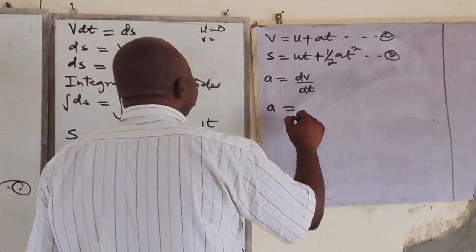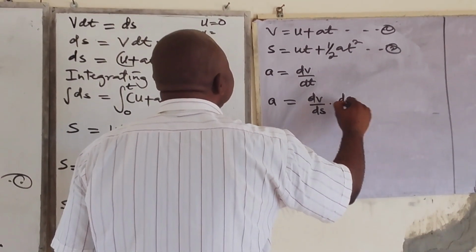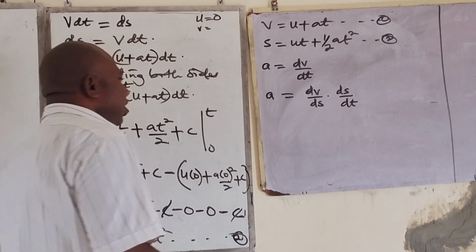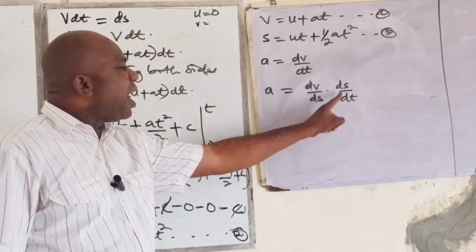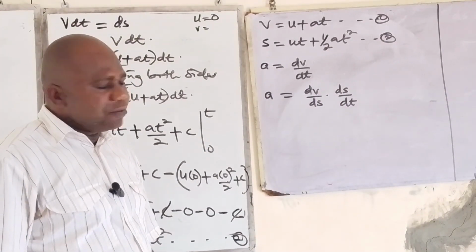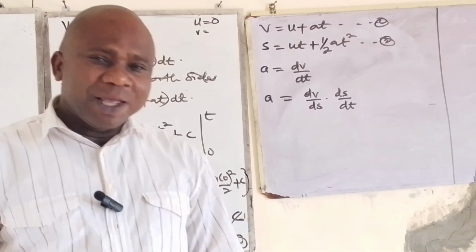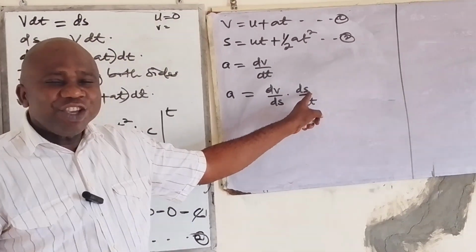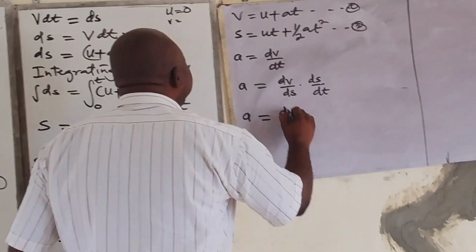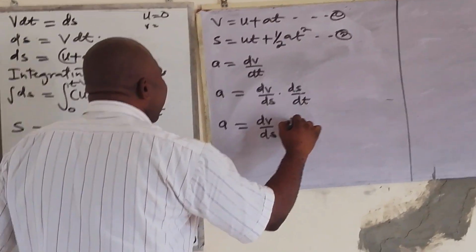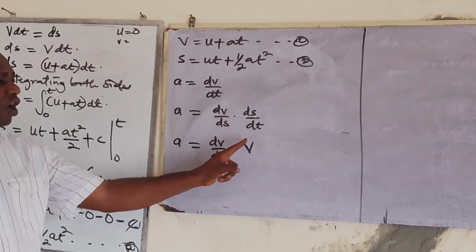It means this a is the same as dv all over dx times dx all over dt. And remember dx all over dt is velocity, because we said velocity is change in displacement all over change in time, and we all know that our x here is displacement.